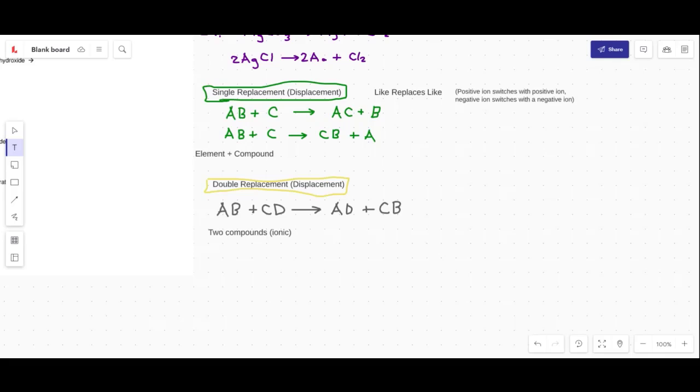All right, so that's single replacement and double replacement. Actually, I'm going to draw a big fat box around each one of these. Double replacement likewise follows the like replaces like rule.